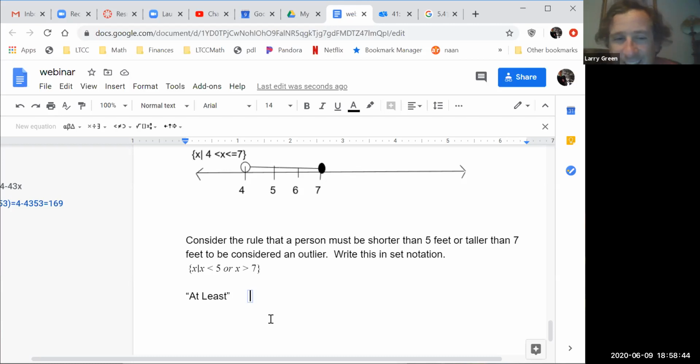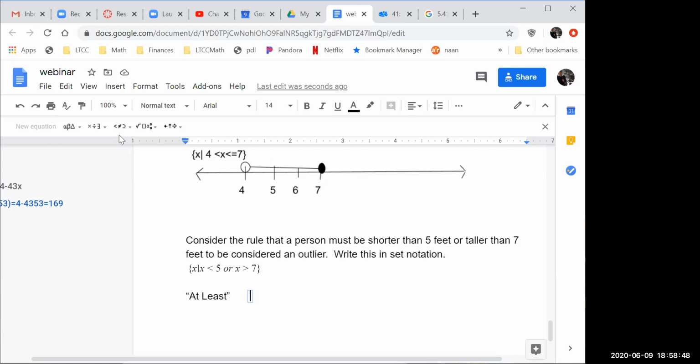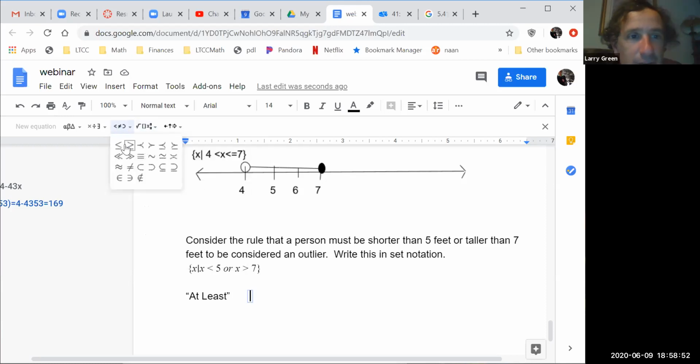Includes. Yeah, so in particular, at least corresponds to greater than or equal to.